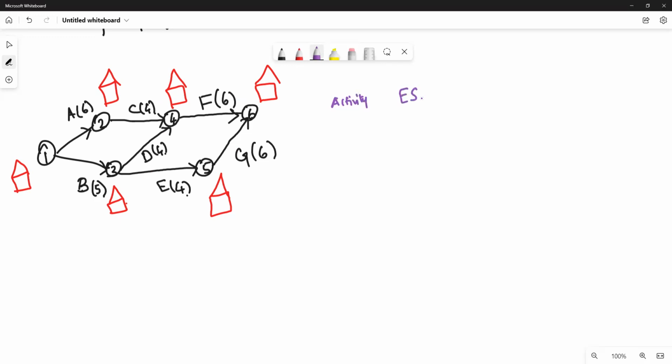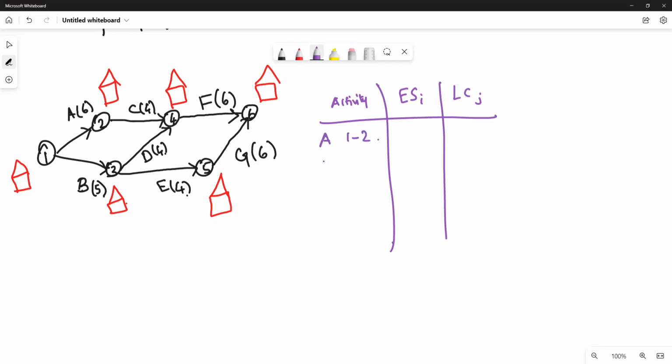For activity A, that is from 1 to 2, activity B from 1 to 3, activity C from 2 to 4, activity D from 3 to 4, E from 3 to 5, F from 4 to 6, G from 5 to 6.